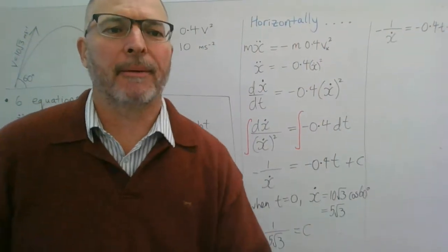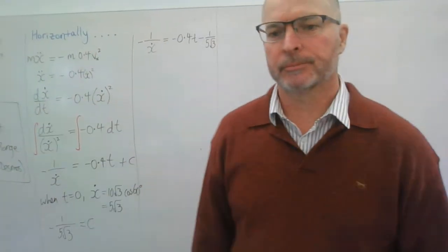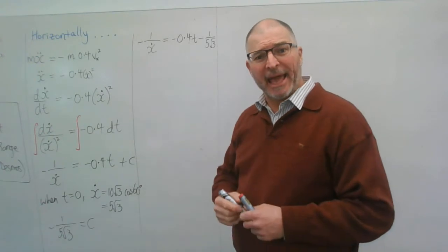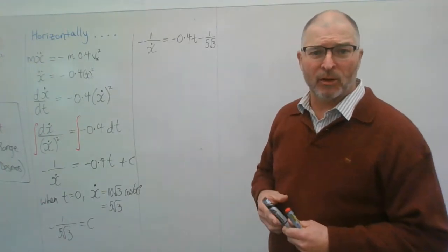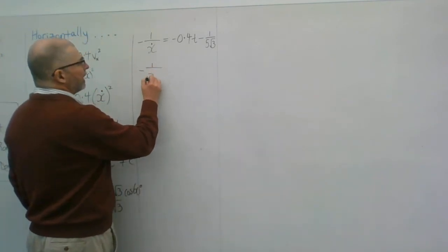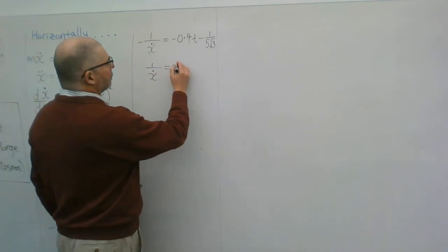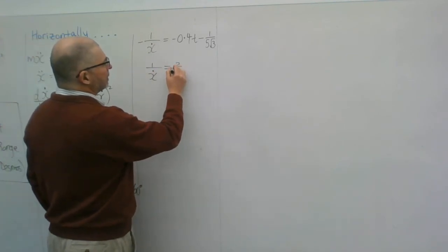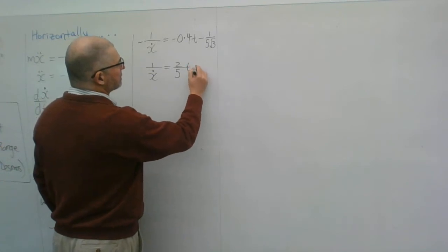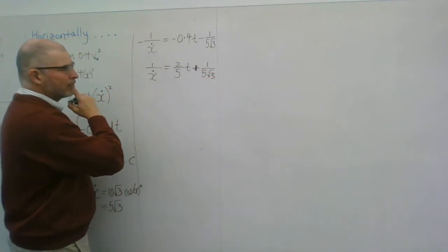All right, now I'm going to sort that out to make x dot, the horizontal velocity, the subject. So first of all, 1 on x dot equals 2/5 of t plus 1 on 5 root 3.